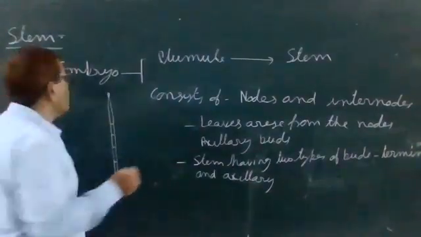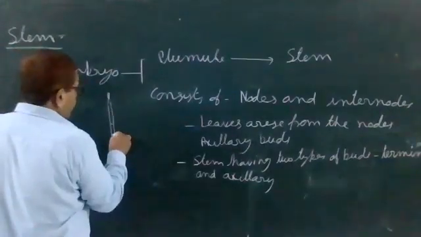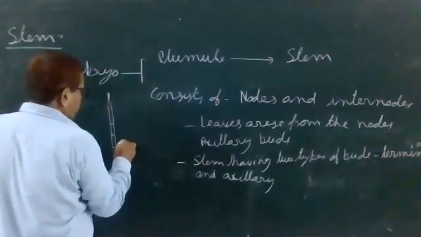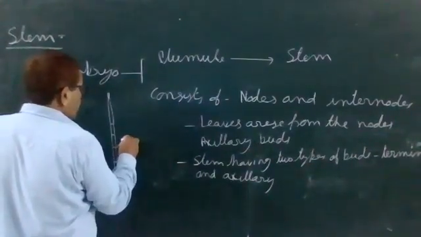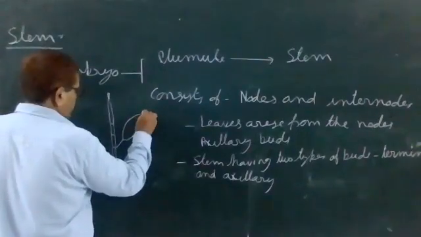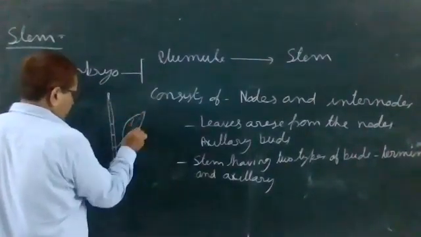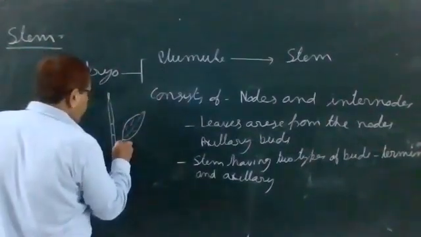One bud or more buds may be there. At the nodes of the stem, leaves arise, and a bud may be here.